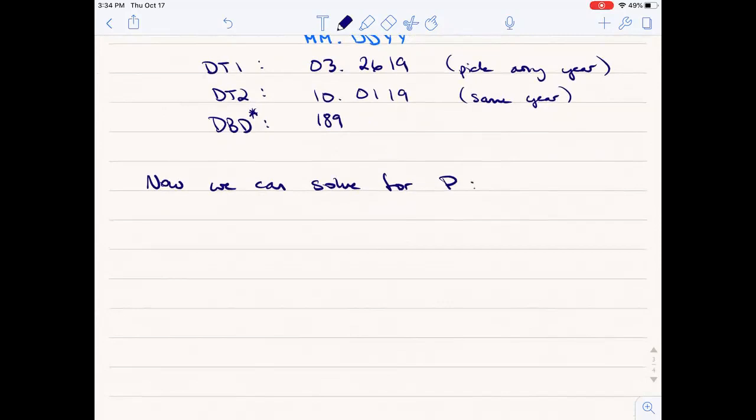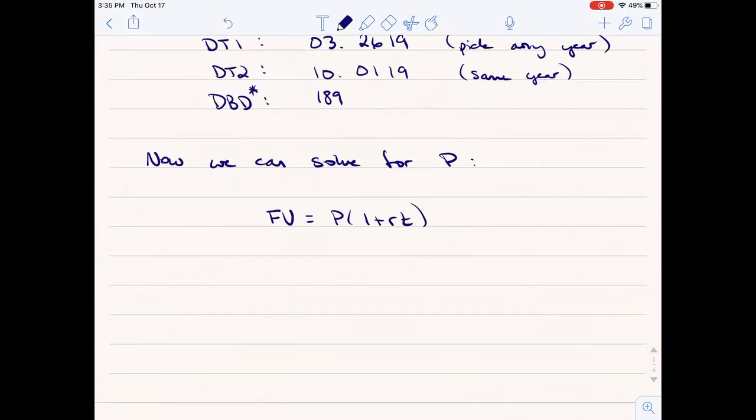So we've got the future value is P times 1 plus R times T. The future value is that 20,000. P, we don't know, we're solving for it. Times 1 plus R, which was 0.0375, sorry.